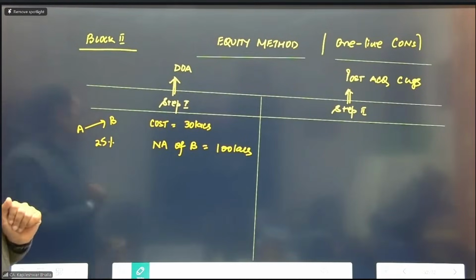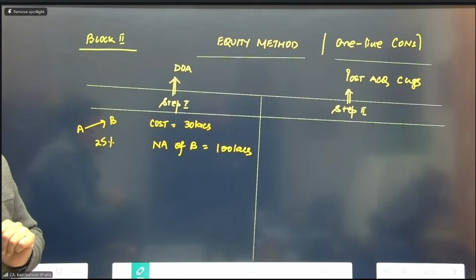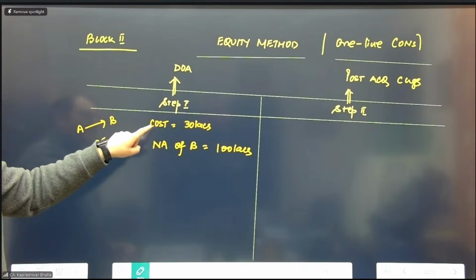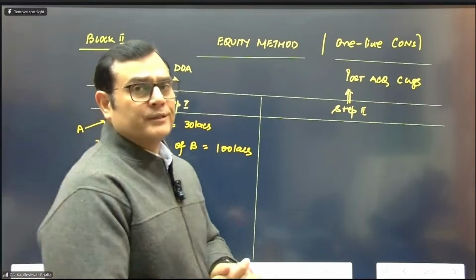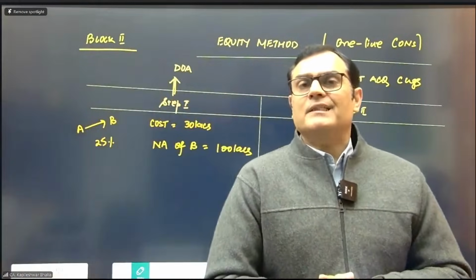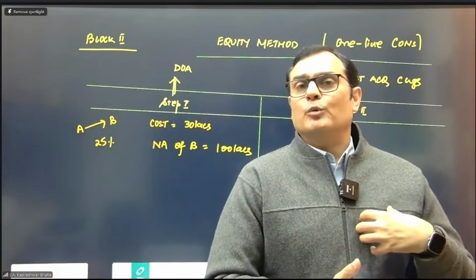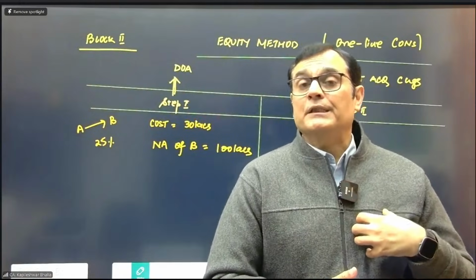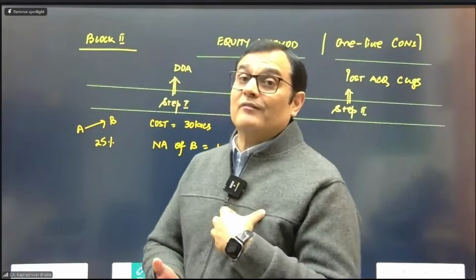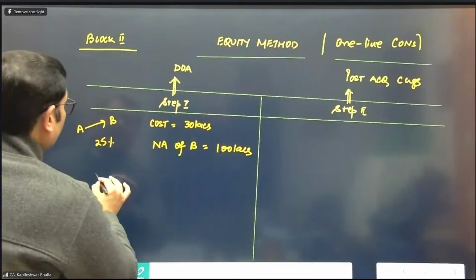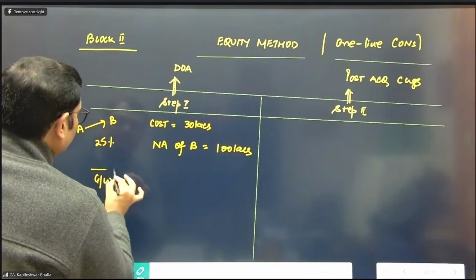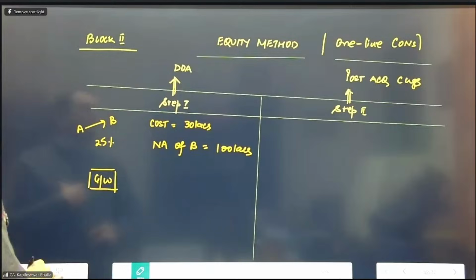Would you like to tell me what is the goodwill at this stage? This is the cost of the investment, and this is the net assets of B on the date of acquisition. As an investor, I get a 25% stake in the company. So can I say I get 25 lakhs of net assets? So how much is the premium or the goodwill which is paid?